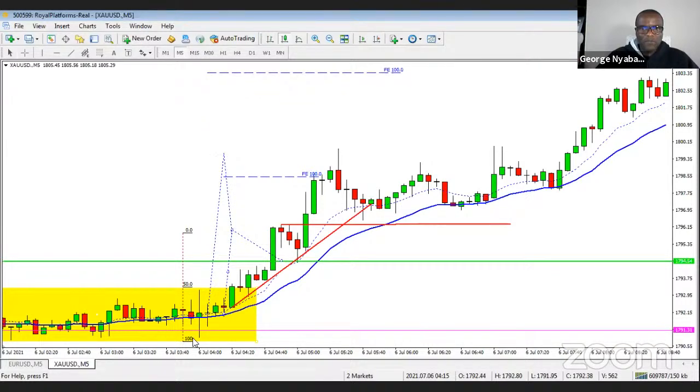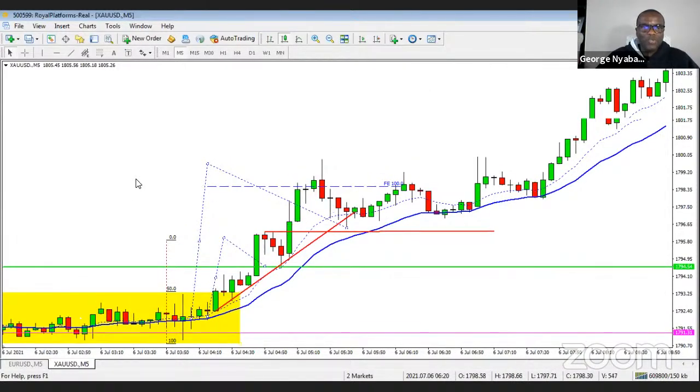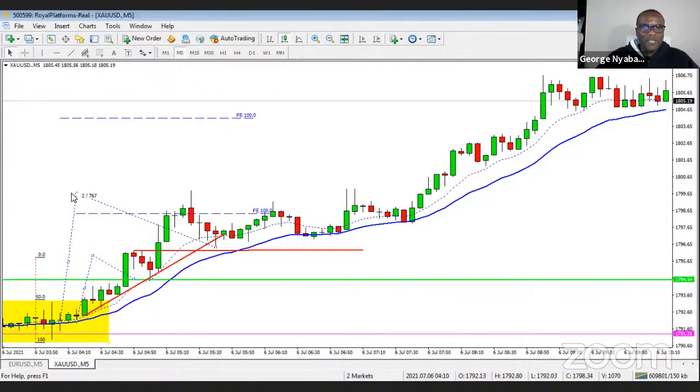Okay, all of this stuff from here to there. There's a pullback. So you are saying all of that is the first leg. There is a pullback. I'm expecting that the market may go to that extent.